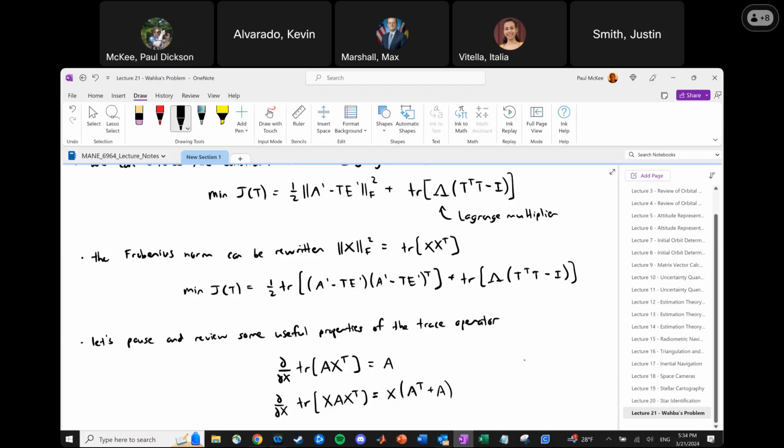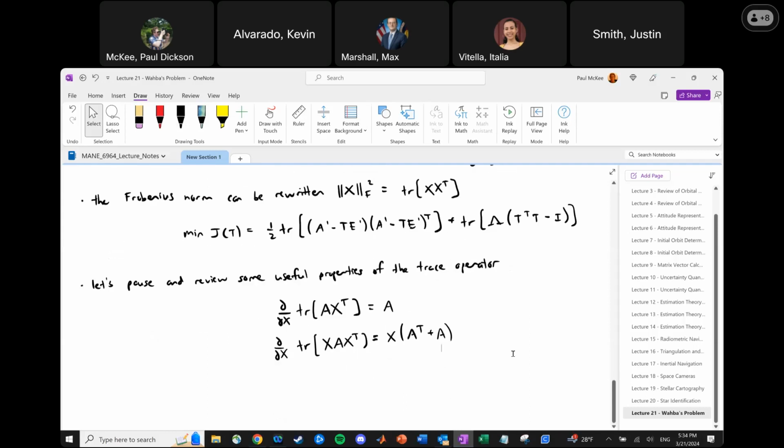This parallels it, but we're taking the derivative of a trace of a matrix multiplication. And further, the derivative of the trace of A times X transpose is equal to A plus A transpose times X. In this case, A and X are matrices.